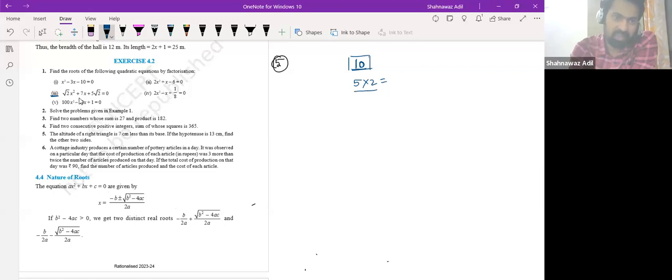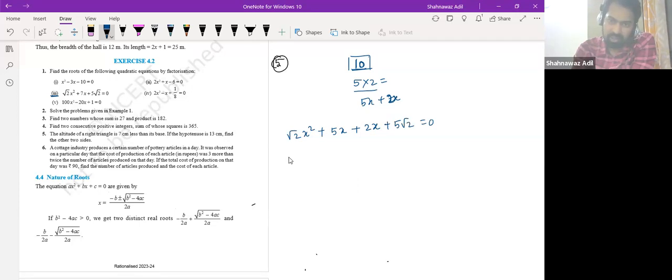Which means that we have to get 7. So 5x plus 2x. So these would be the factors, right? So this would be root 2x square plus, if I write 2x in here, then I can take common. So let's take 5x plus 2x and plus 5, right?